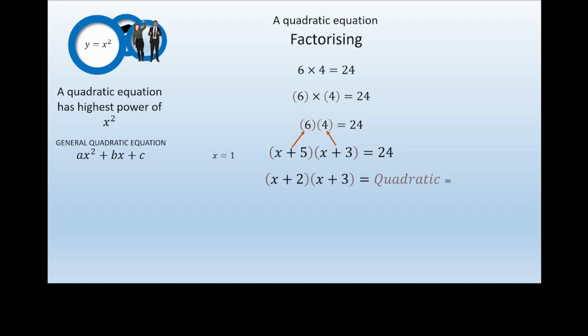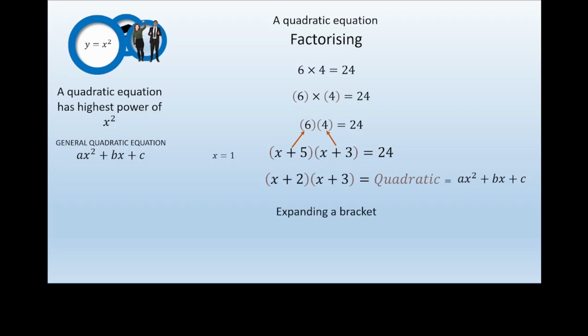They produce a quadratic, and that will follow the rule ax squared plus bx plus c. And we will look at that later, but I just want you to know that that's what factorising is, breaking that quadratic down into two simple terms in brackets themselves.